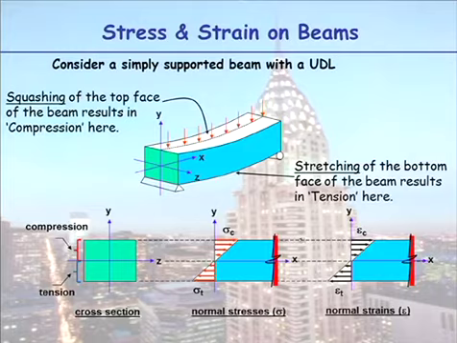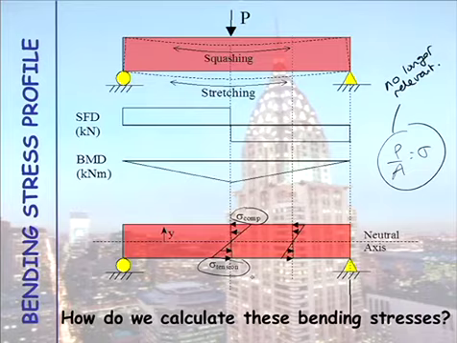But I just want to confirm that you understand this triangular stress distribution. Here at the top, can you imagine it squashing the most? And as you move down the beam, in the middle of the beam, or at the neutral axis of the beam, that's where you have no stresses at all. And then when you move below the neutral axis of the beam, that's where you start getting tensile stresses.